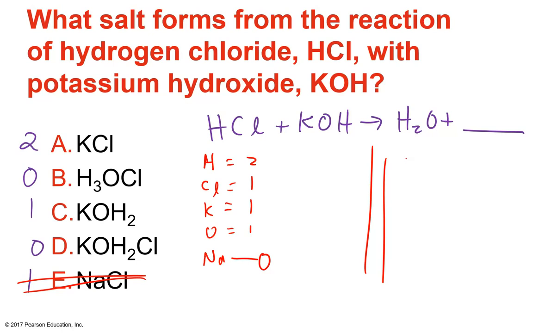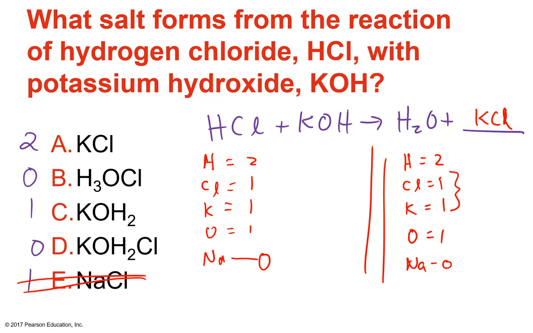If we go on this side, so far we have 2 hydrogens, 0 chlorines, 0 potassiums, 1 oxygen, and of course, still 0 sodiums. So what are we missing? We're missing a potassium and a chlorine. And then that balances it. So the salt that's formed here, potassium chloride, which was one of the salts in that Morton light.